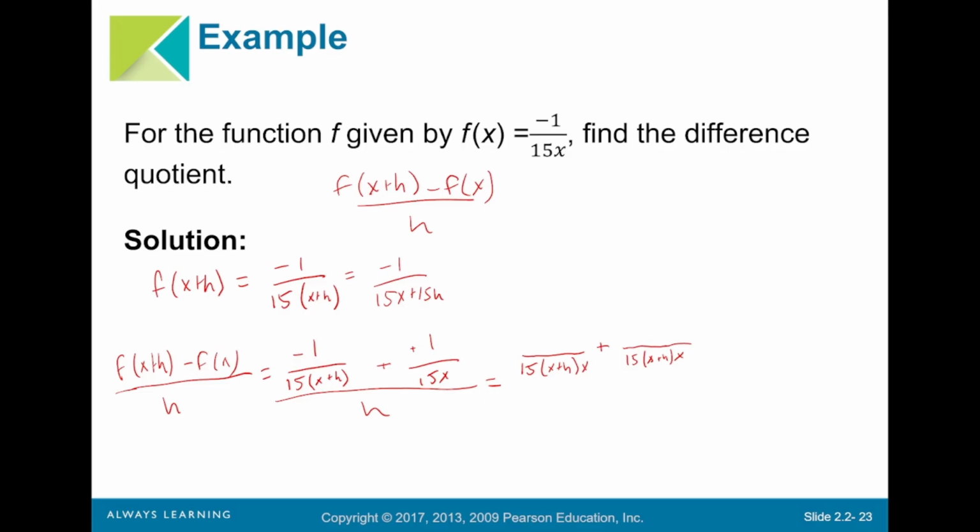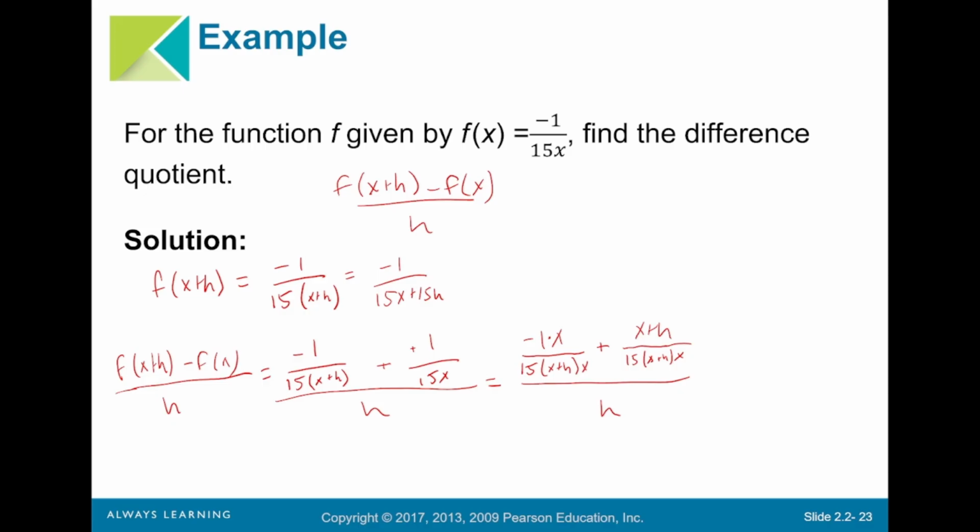So on top then, to make a 15 times x plus h turn into 15 times x plus h times x, we have to multiply the top by x as well. So we have a negative 1 still from before, and then we have a times x. Similarly, if we want to turn 15x into 15 times x plus h times x, we need an x plus h on the top. And all of this is still divided by h.